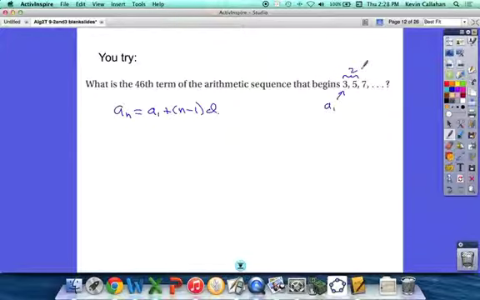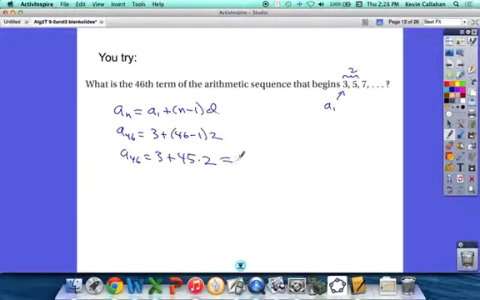If it asks for a formula, you need a formula. You can't just in one step do A_46 equals 3 plus 46 minus 1 times 2. If you did that, you just skipped half the problem. But for this problem, it didn't ask for that. A_46 equals 3 plus 45 times 2, which is 93.